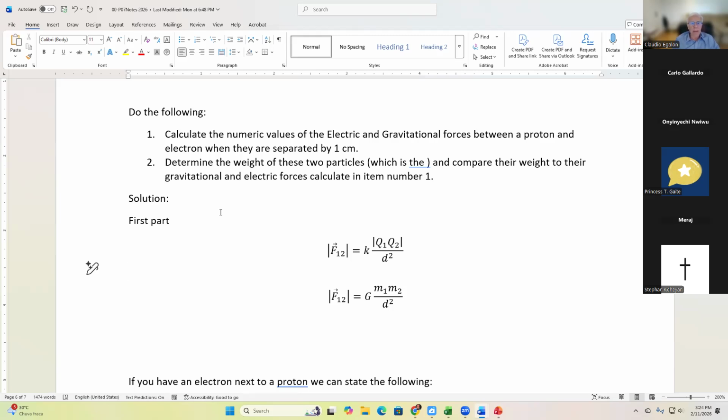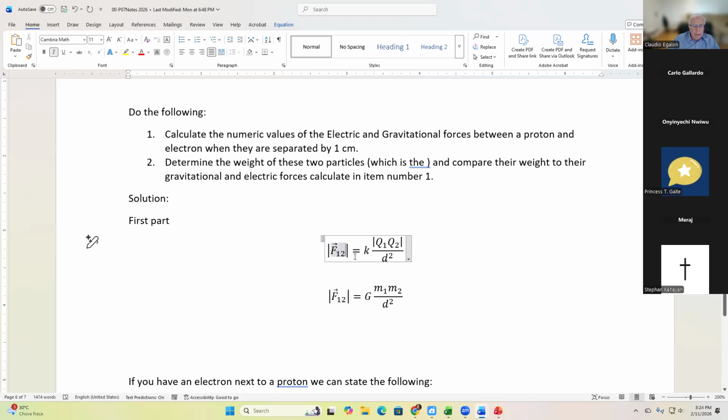First part. There are two ways of doing that. You can either substitute 1 centimeter here, or you can take the ratio of the two forces to see how one compares to the other. I have to do something else too.